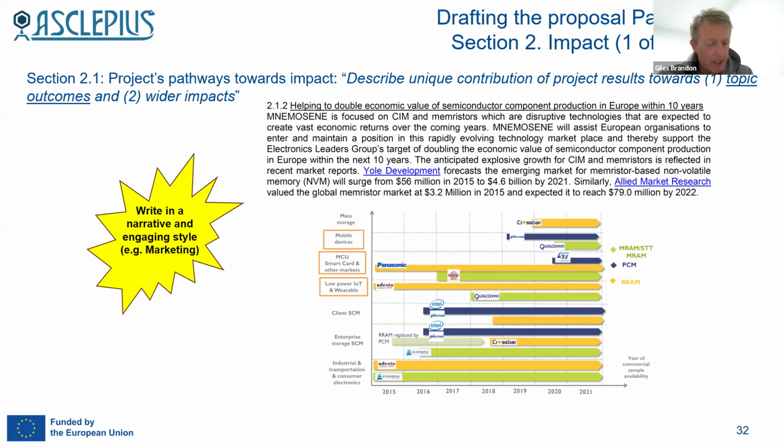That partner, ARM, had access to a whole load of marketing information, marketing documents, and I asked them to send me some copies. I drew upon that information to write some text to convey that, look, this field of semiconductor production, this field of computation in memory that we're going to be working on, there's lots of information, lots of studies that suggest that this is going to be a big growth area in the future.